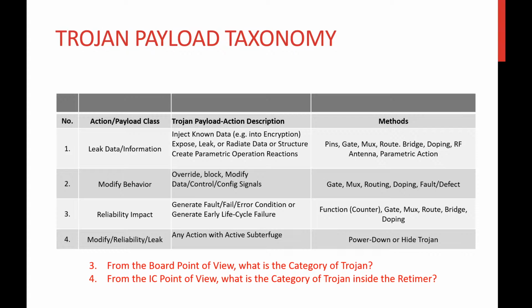So the question to number 3 is, from the board point of view, what is the category of the Trojan? And the answer is basically the chip from the board design point of view is a counterfeit. The source company, we can call it IDT, will investigate the counterfeit and will determine that it contains multiple security breaches and can conduct all 3 main functions: leak data, structure information, and modify code, and impact reliability.